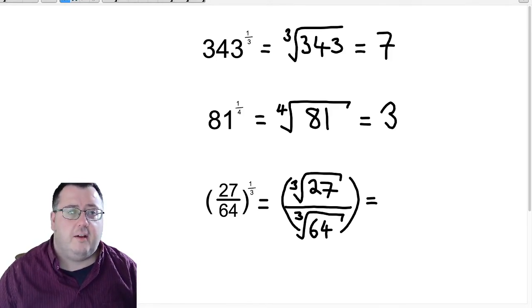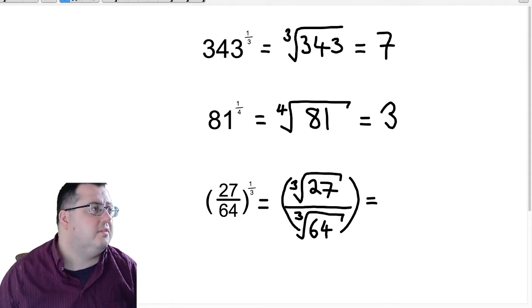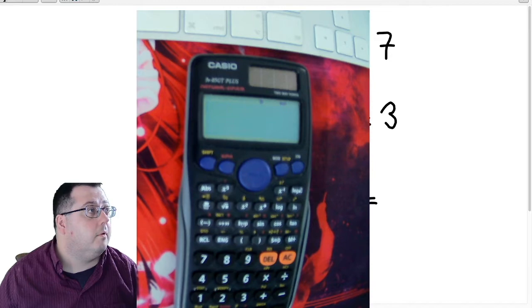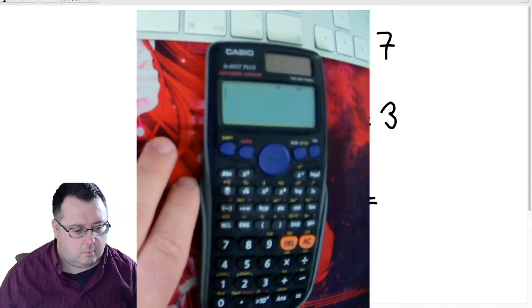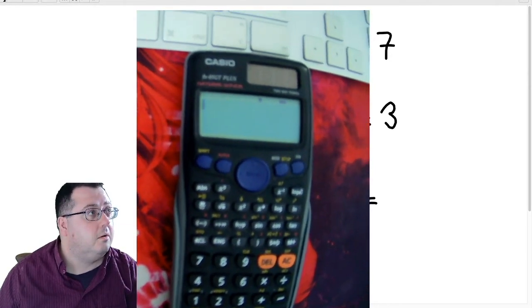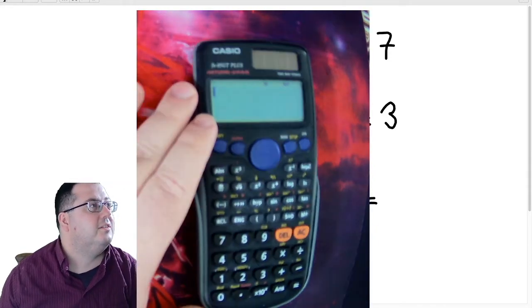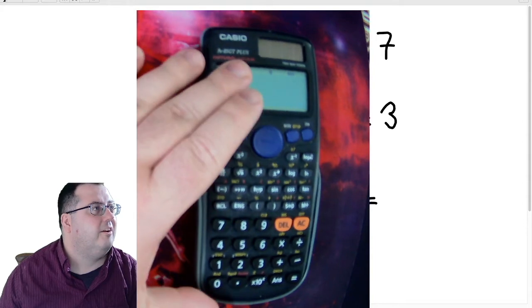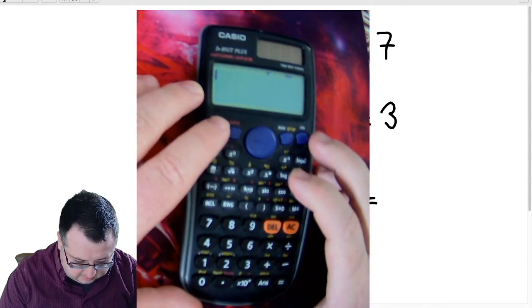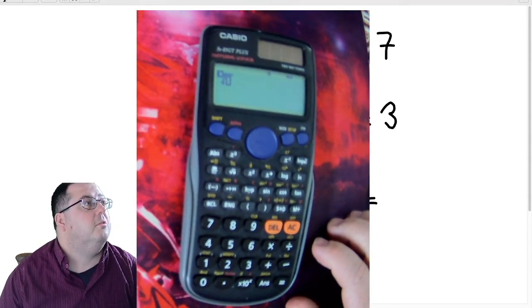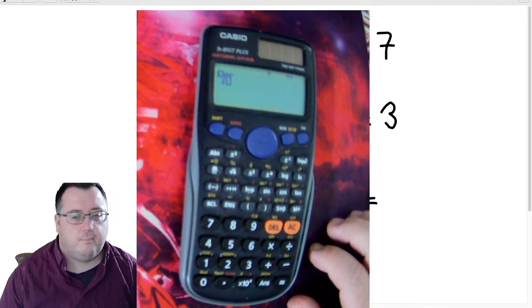Well, we've got to work out the cube root of 27 again. So let me turn on the webcam. Here we go. Has that moved slightly? Yeah. Well, I know that my keyboard's in the way because I've had to edit that out. Let us do shift block root block.